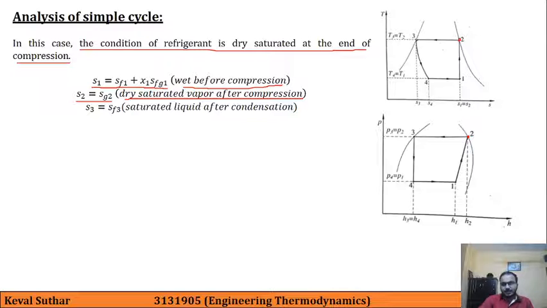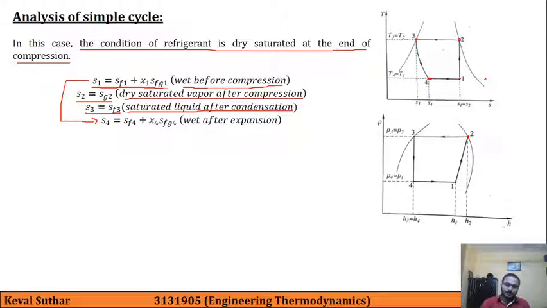Next is point number 3, that is, S3 = SF3, saturated liquid after condensation. And the fourth one is S4, for point number 4 here. The value of entropy is very similar to this, because both are in the liquid plus vapor region, point 1 and point 4.